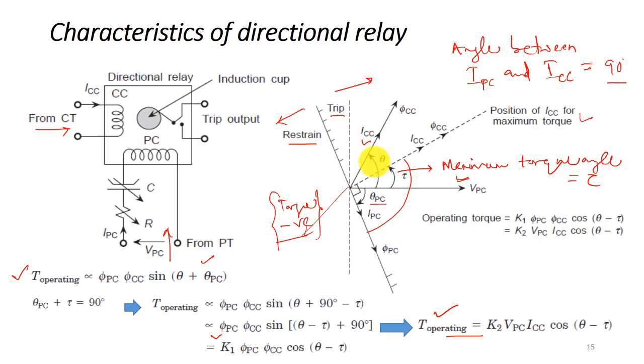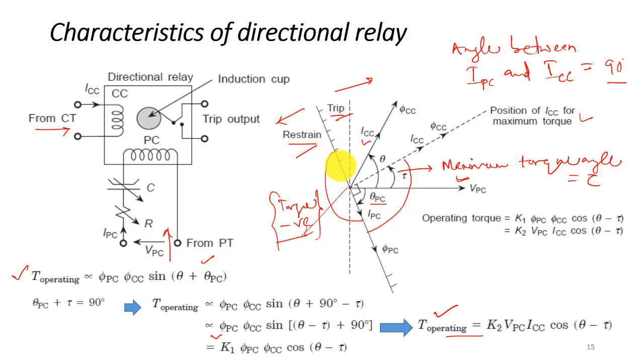I'll explain it in more detail in the next class. When the current phasor lies in this region, we call it the trip zone, and when the current phasor lies in this zone, we call it the restraining zone.